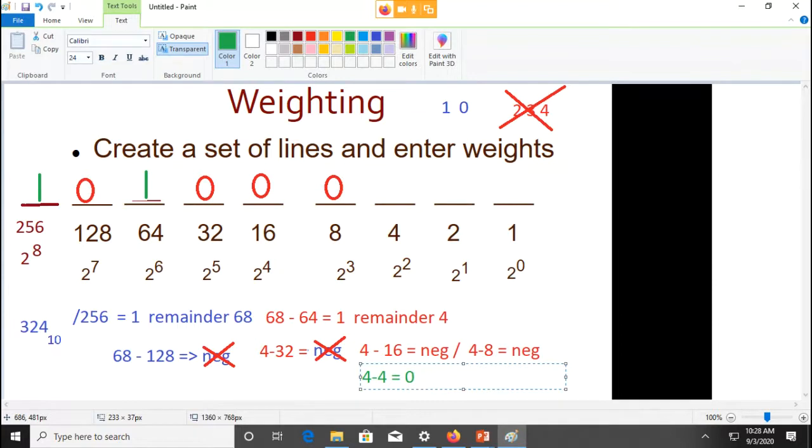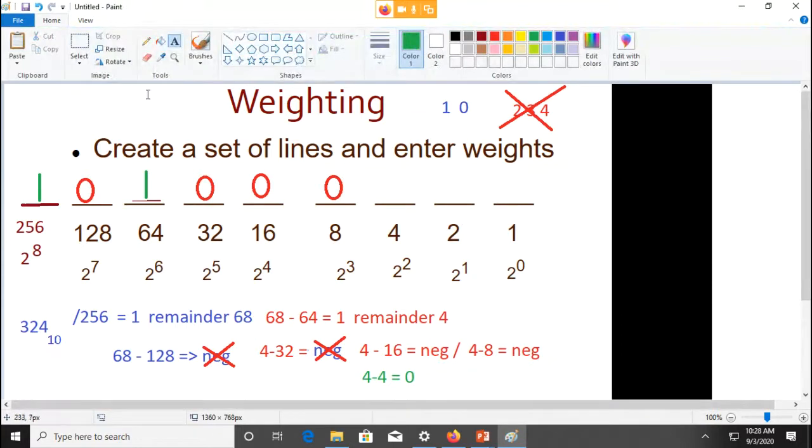I don't have a negative or a fraction as a remainder, so that's valid. What that means is that I put a 1 in the 4's column. And now I've got nothing left.